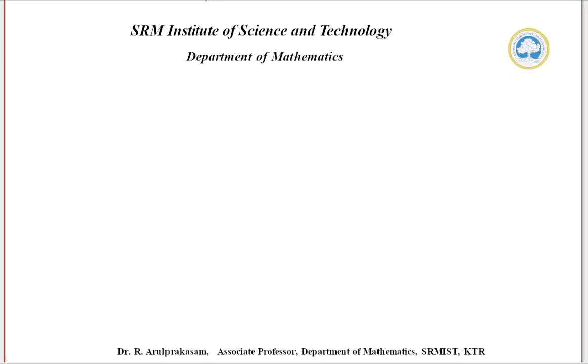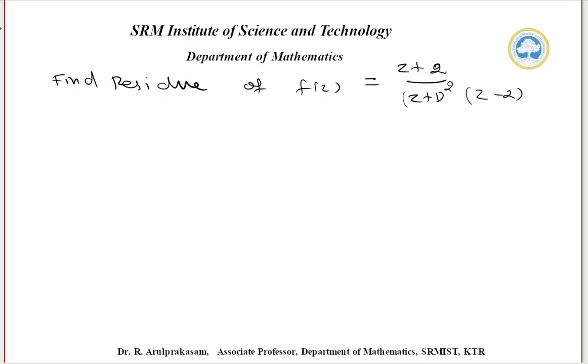Now find the residue of the function f of z is equal to z plus 2 divided by z plus 1 whole square into z minus 2.